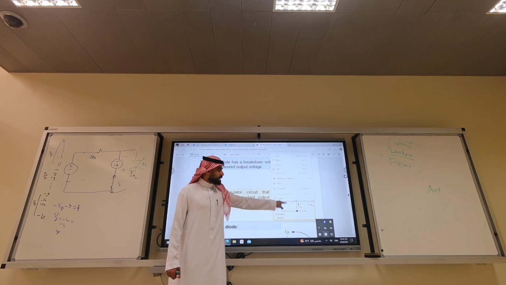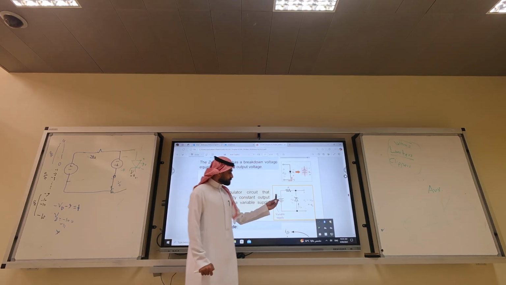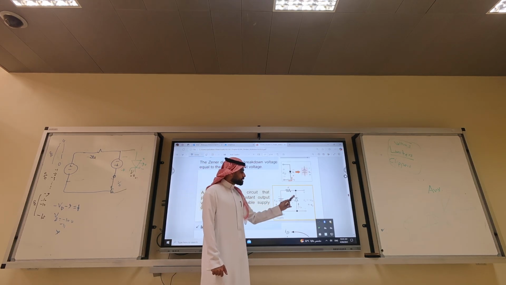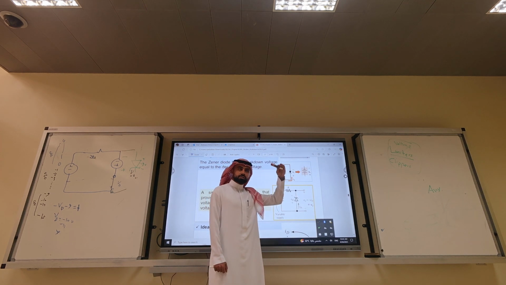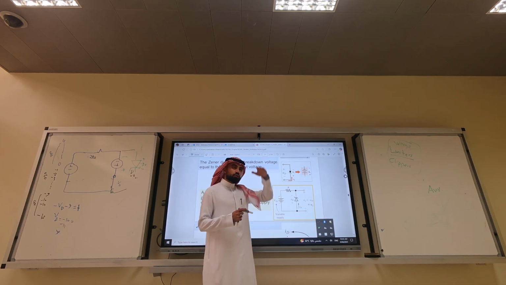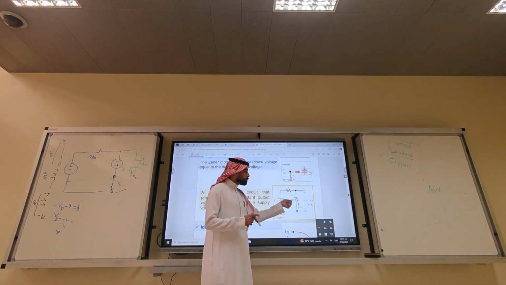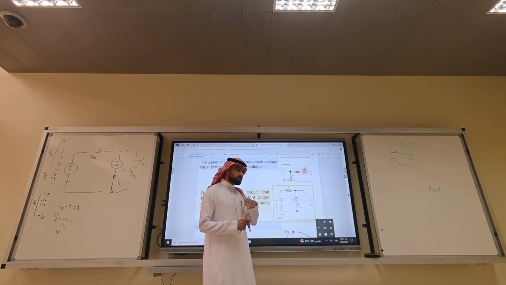What we understand again in this example is if you apply a positive voltage, this will operate in the reverse breakdown up until you reach 3 volts or VZ. Anything below VZ up until 0, it will be open circuit, so V input will equal V output. Anything below 0, or below 0 minus 0.7, this will operate at the forward bias and it will be a short circuit.